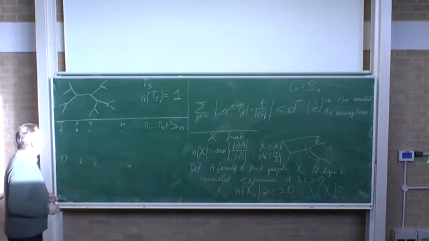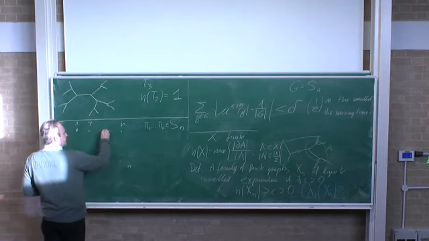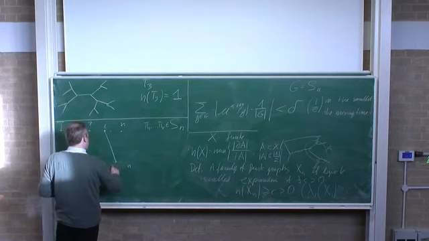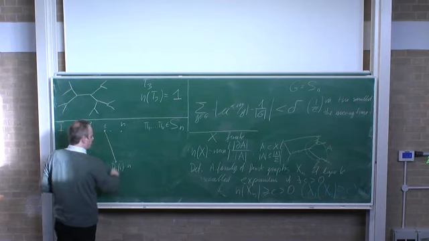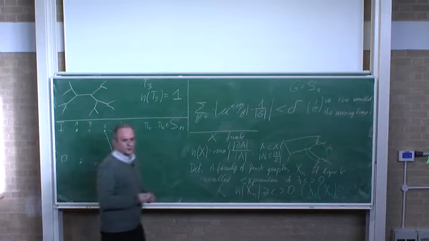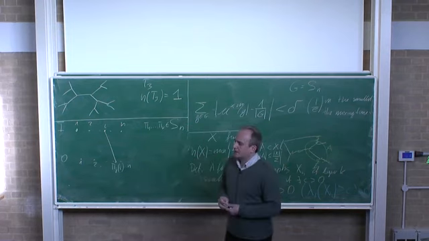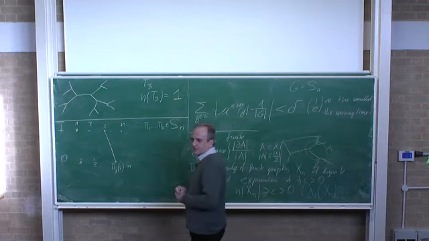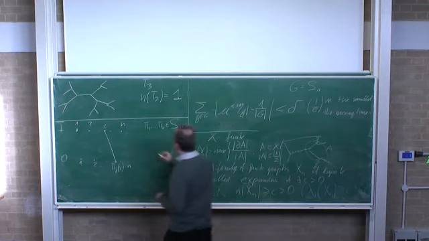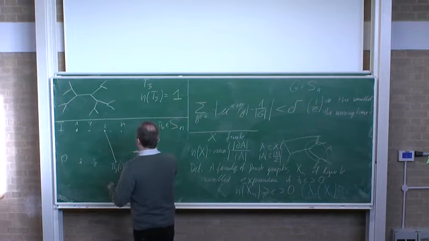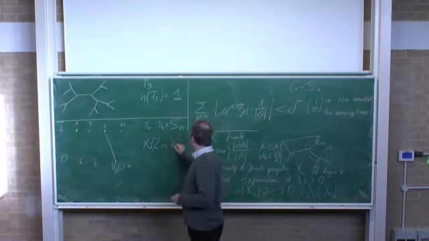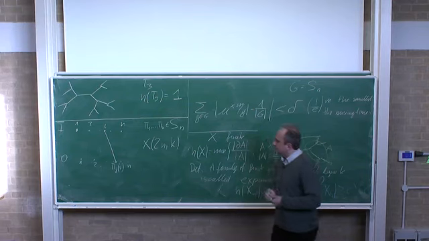And the graph will be constructed as follows. The vertex i in input will be connected to the vertex phi j of i. In this way, we obtain a regular graph of degree k. Let us call the set of all these graphs X_{2n,k}. There are 2n vertices, and they are of degree k.